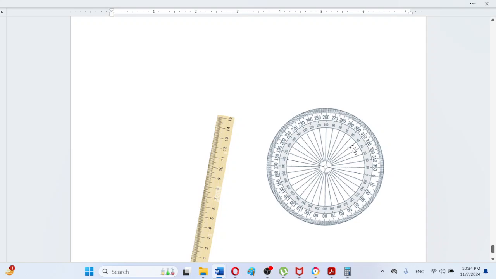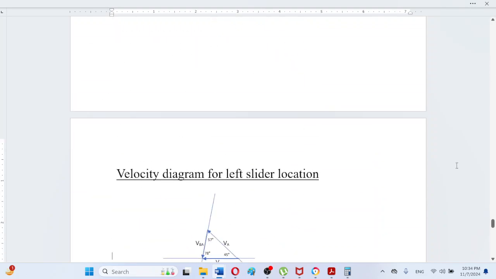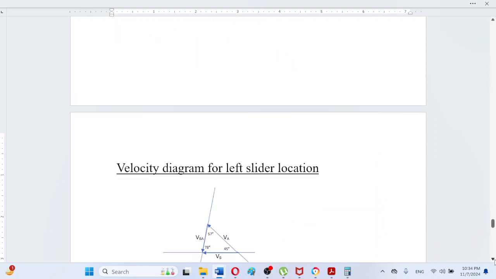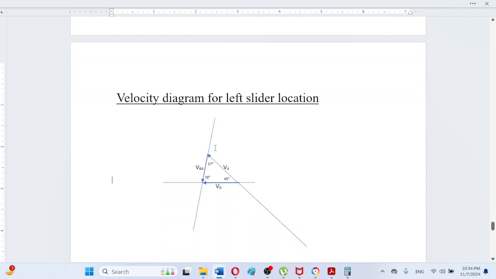If the vectors have some other lengths, we can extend these lines so that they actually match or meet the angular calibration markings on the protractor.